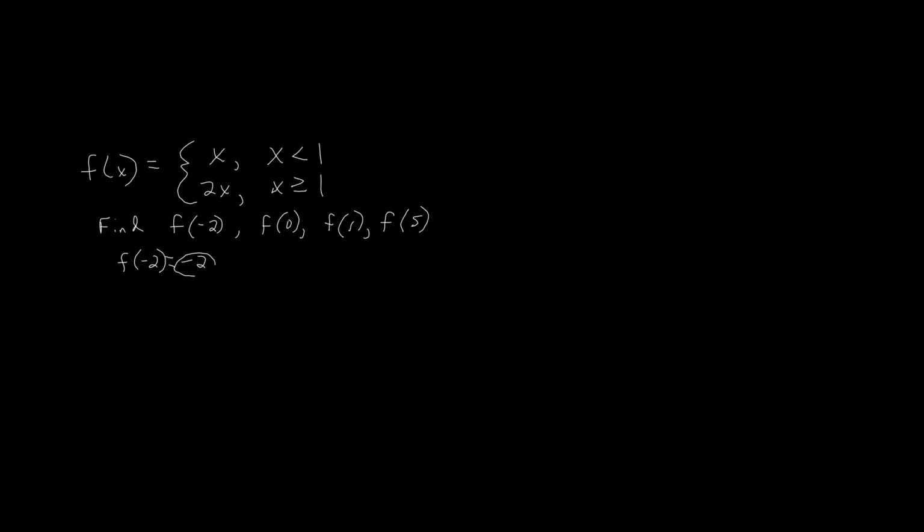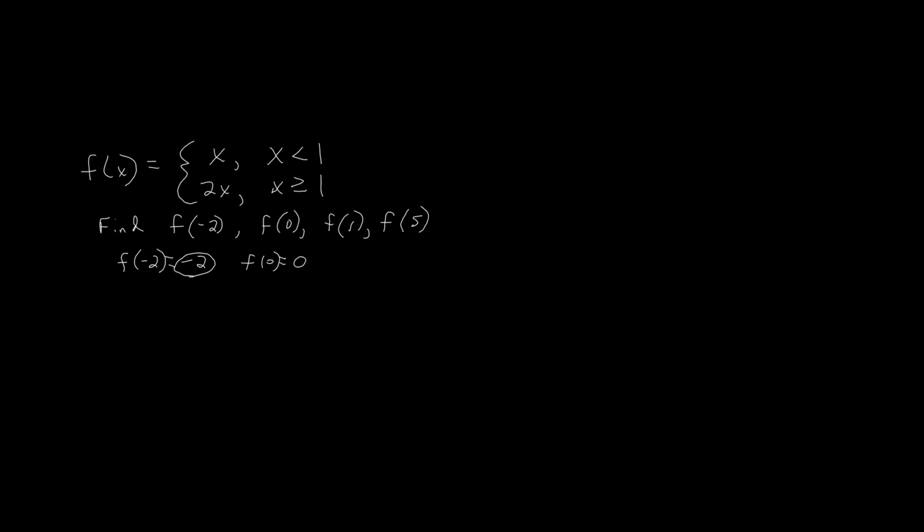There's an answer right there. Next, 0. Remember, the first function is used if x is less than 1. Well, 0 is less than 1, so we're plugging it into this function again. So f of 0, same idea, equals 0.